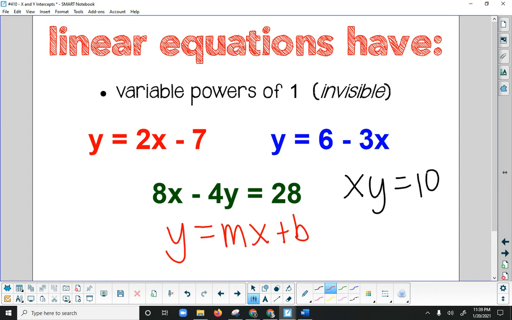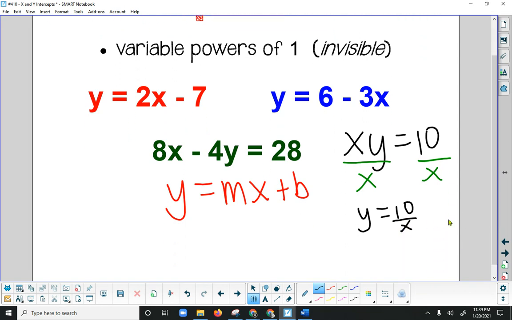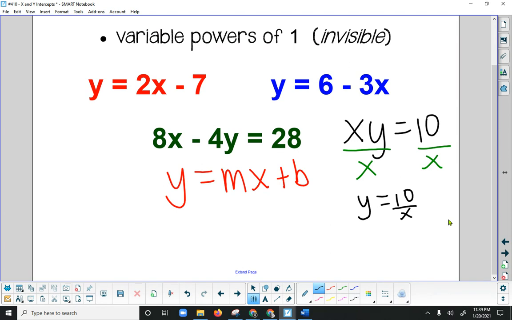If I were to manipulate that black equation with the product of x and y in order to get y by itself, I would have an x in the denominator. And if you remember from your 8th grade studies, anything in the denominator has a negative power. And the rule is you have to have a power of positive 1, not negative 1.